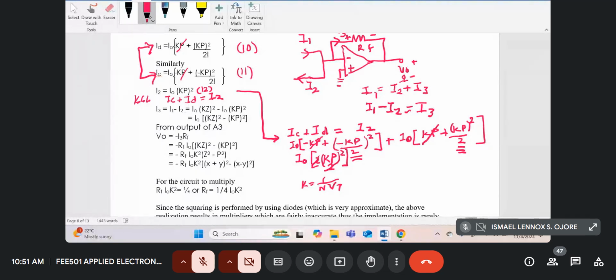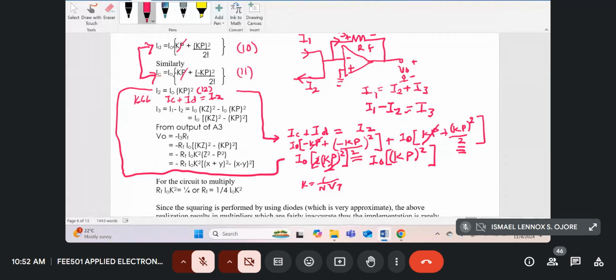So it will just remain with I naught into Kp all squared. So this is how I get this equation 12. So I2 is just I naught into Kp squared. It is just the summation of the currents IC and ID, which is your I2.